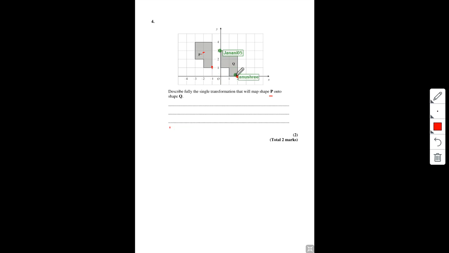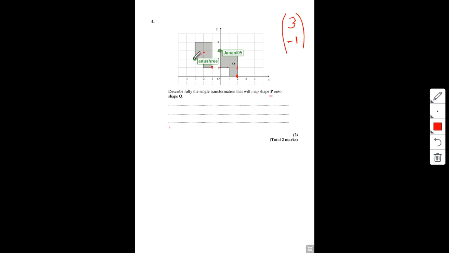So how can I reach there? I have to move 1 unit, 2 units, 3 units. So it's 3. And then I have to move 1 unit downwards. That means minus 1. So that is the vector 3, minus 1. And you can take any point.